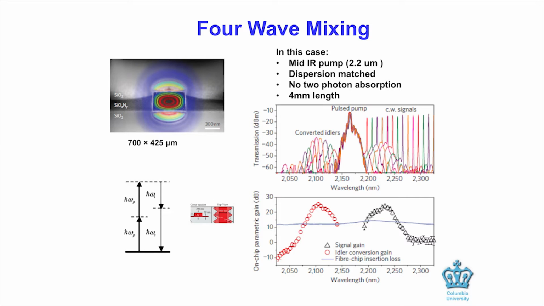And you can actually tune your signal and get amplification across the band of where you would like to be. In this case, the reason we did this is because we worked at mid-IR, 2 microns, and so you don't have to worry about 2-photon absorption, which does hurt you if you use the 1.5 standard telecom. So this is used at 2.2 micron.